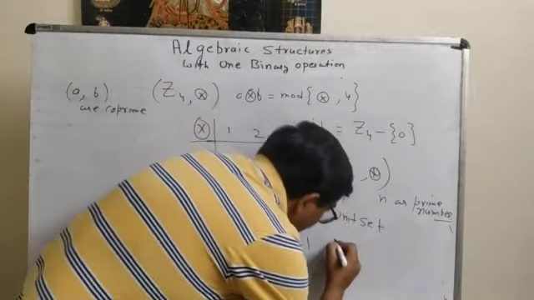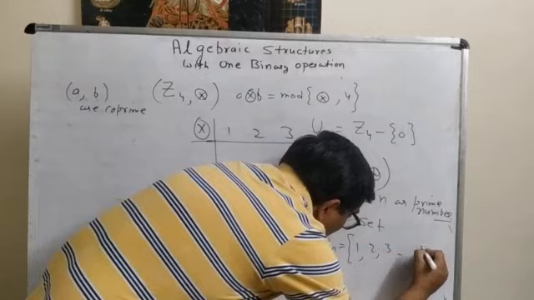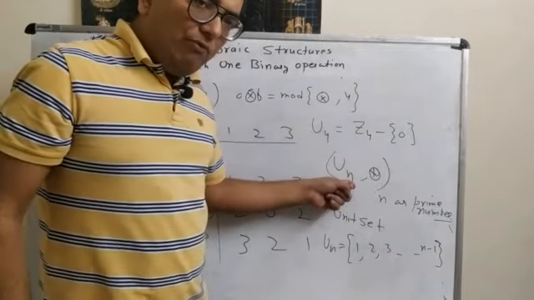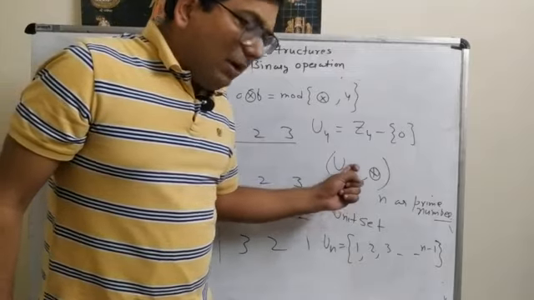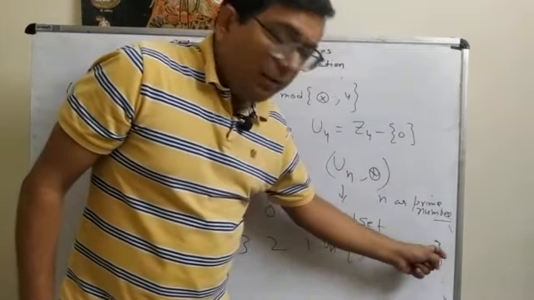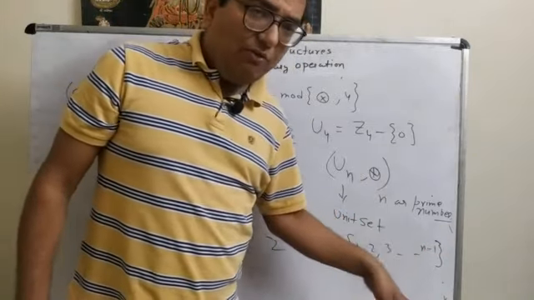This will be 1, 2, 3, up to n minus 1. And if this n is prime, this n will become co-prime with all of these elements. And it means every element will have an inverse.